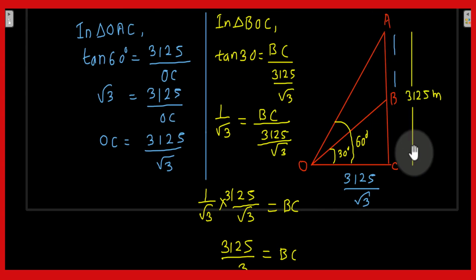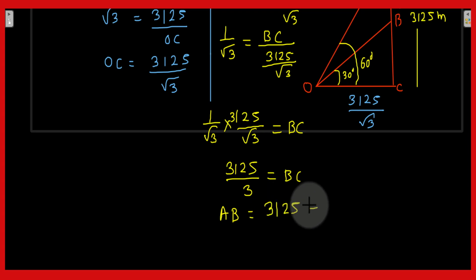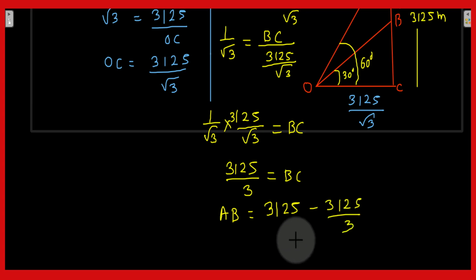This total distance is 3125. Out of this we have got 3125 upon 3. If you subtract this from 3125, you will get AB. So to find AB, we will get AB is equal to 3125 minus 3125 by 3.